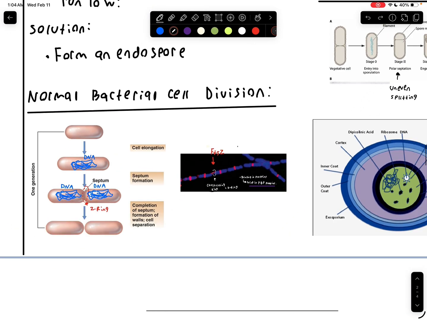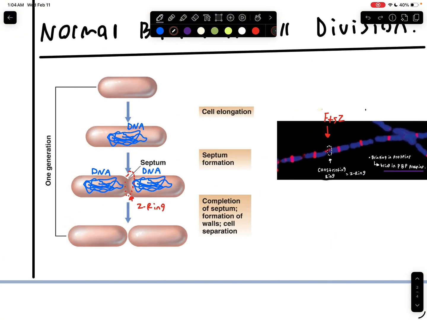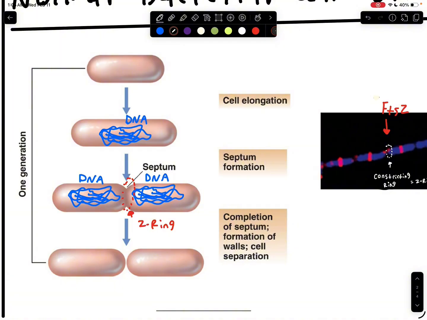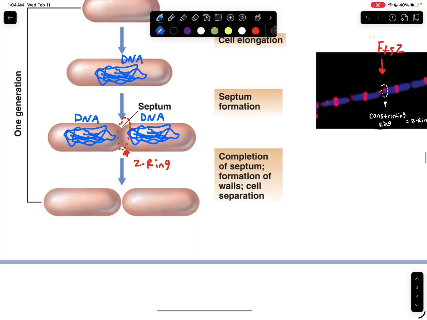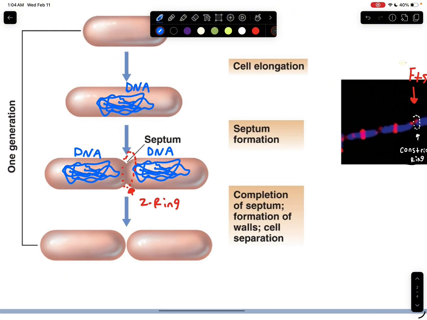So let's look at normal bacterial cell division first to understand how endospores are made. So you have your cell over here, which is a normal cell. What happens is it'll replicate its DNA. So as you can see, it first elongates itself. As it's elongating, it's also replicating its DNA. And so what happens is, as it's getting divided, this whole process is called binary fission.